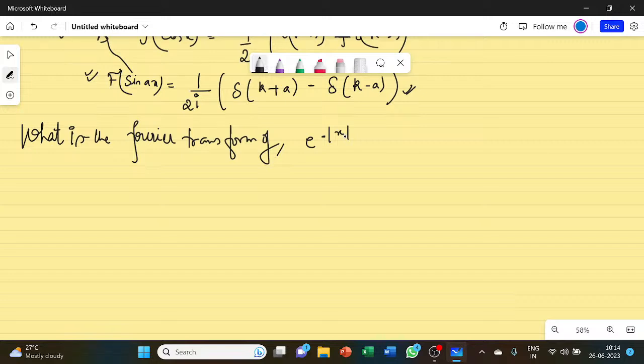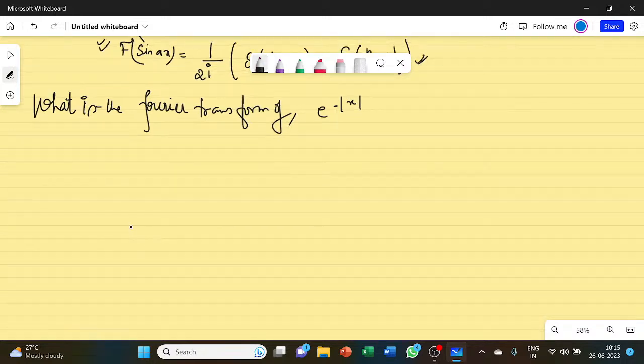What do you think this particular Fourier transform would be like?